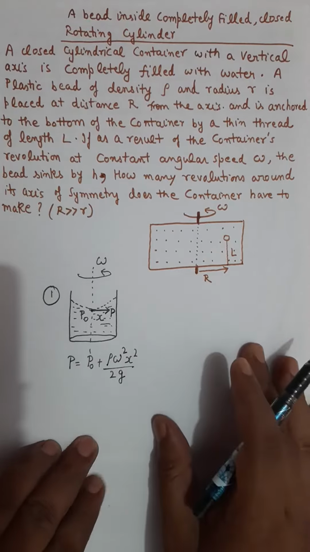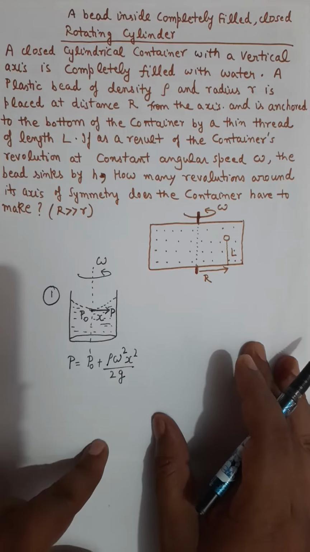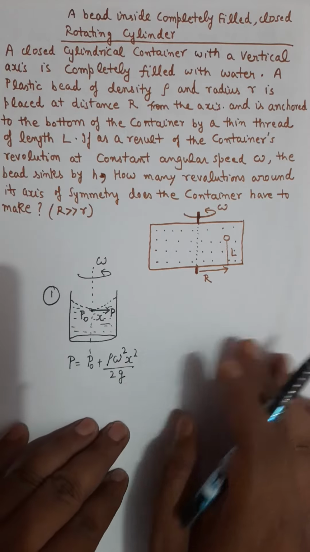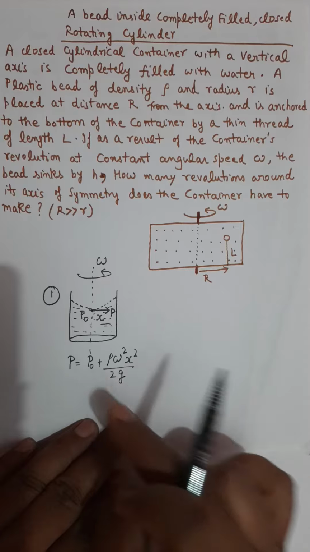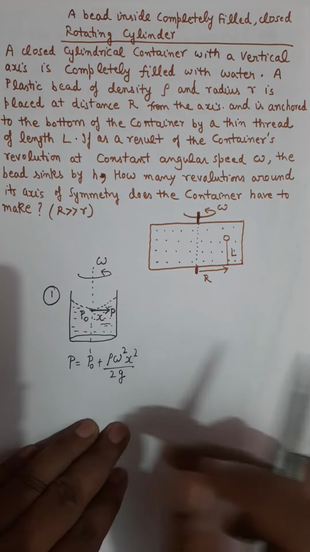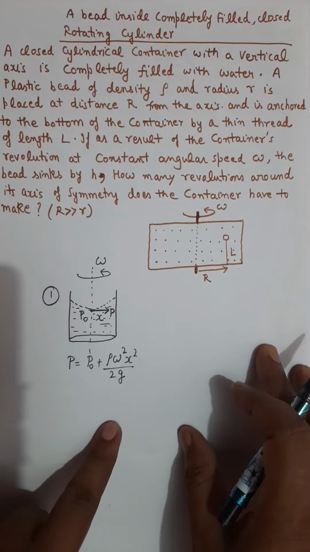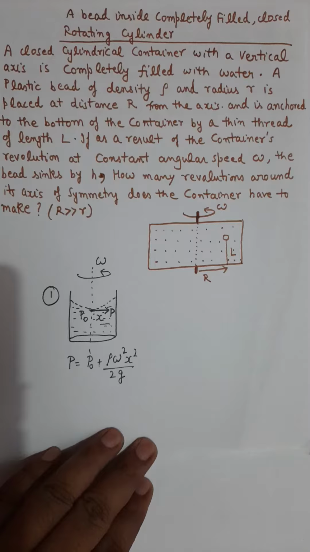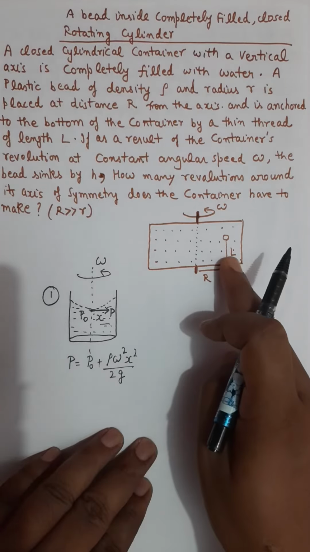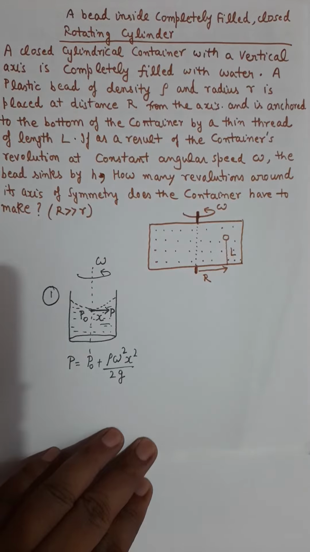This is the concept which will be used in this question, that pressure variation in the rotating cylinder is given by this equation. Now, this concept will be used here in the following way.